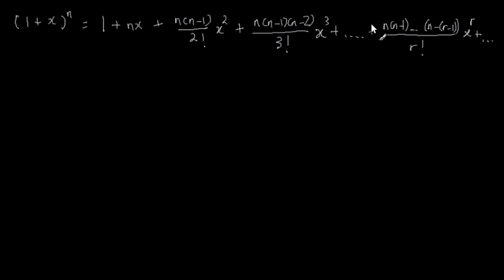So this is what the general term looks like. Quite often we have to use the first few terms, so it's good to be familiar with what the first 2, maybe 3 terms look like.